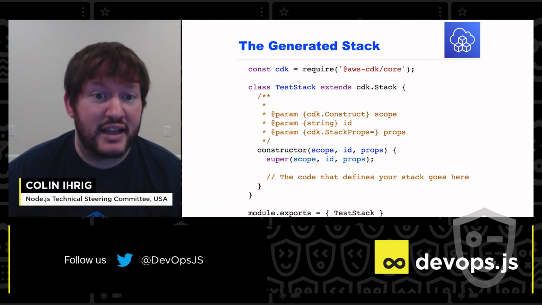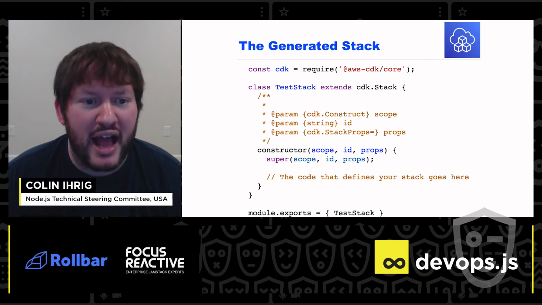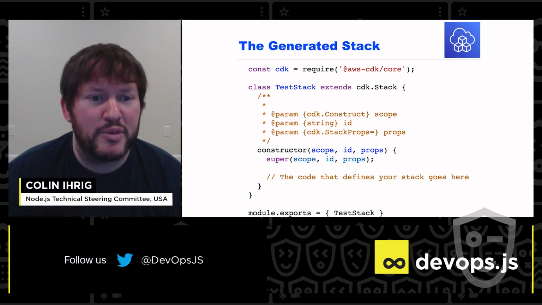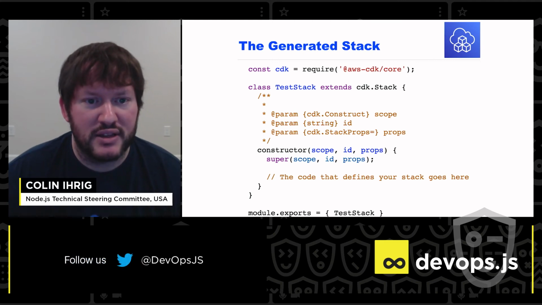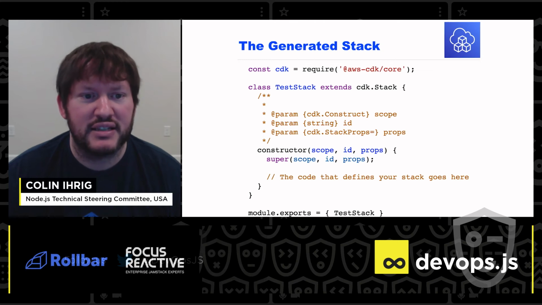So looking at the stack itself, you can see this is the code that was generated. I left in some of the comments and other things that were automatically generated, but in future examples, I'll be removing those to save space. So the first thing that we do is import the CDK itself, and then we create a test stack class, which extends the CDK Stack base class.